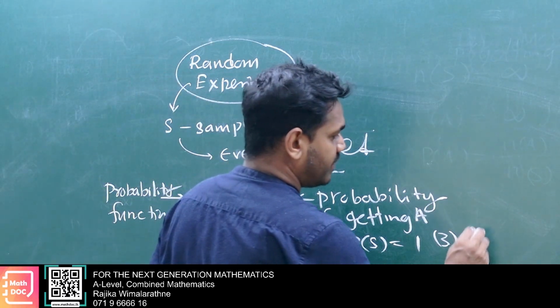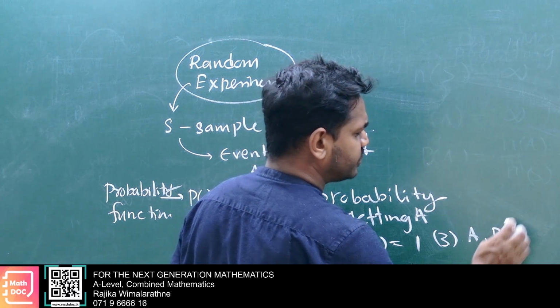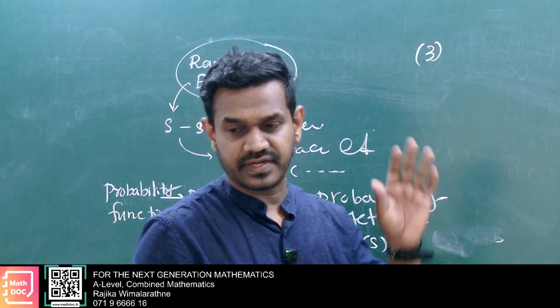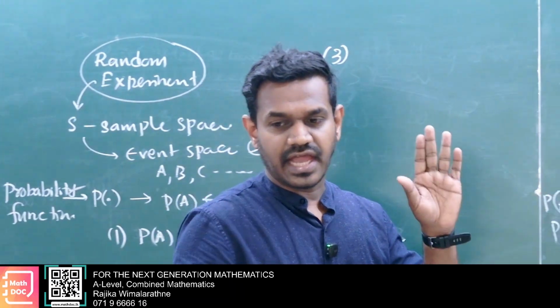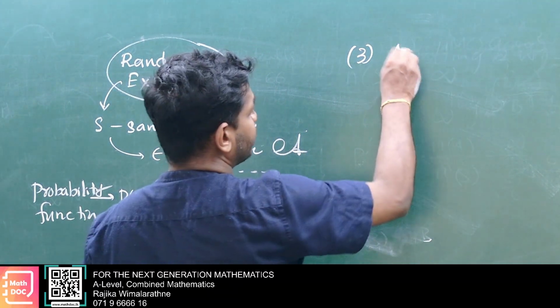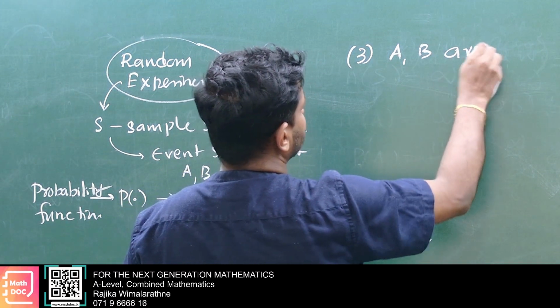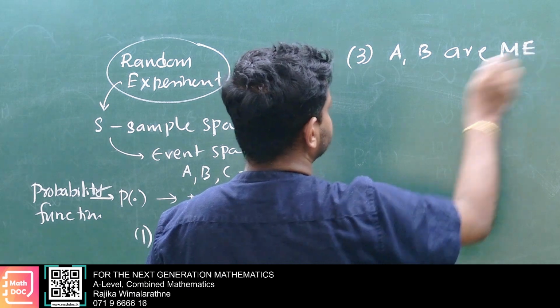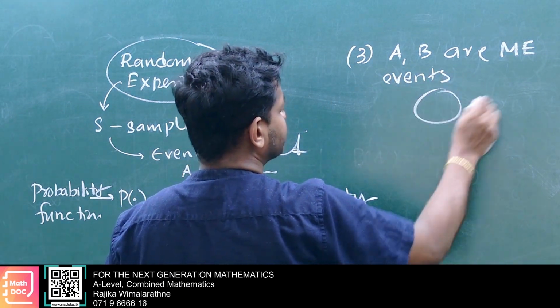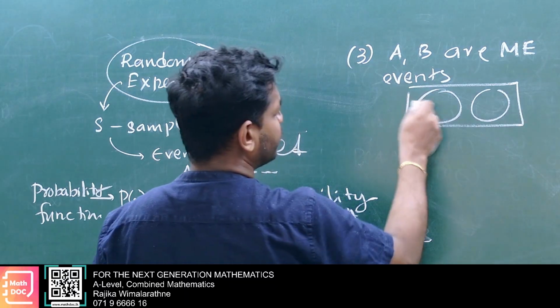Then third axiom, you consider A and B mutually exclusive. Here we have mutually exclusive events A and B. Mutually exclusive means disjoint.